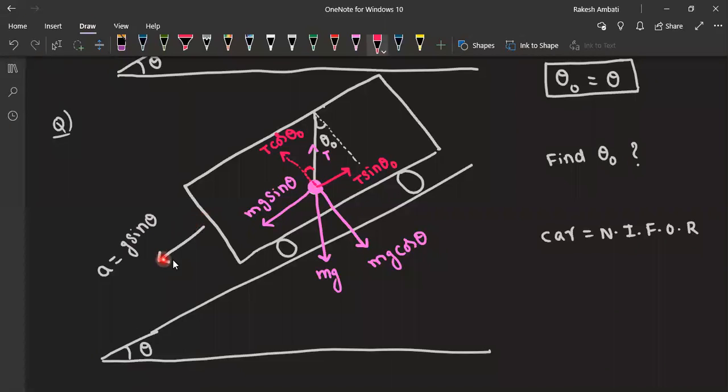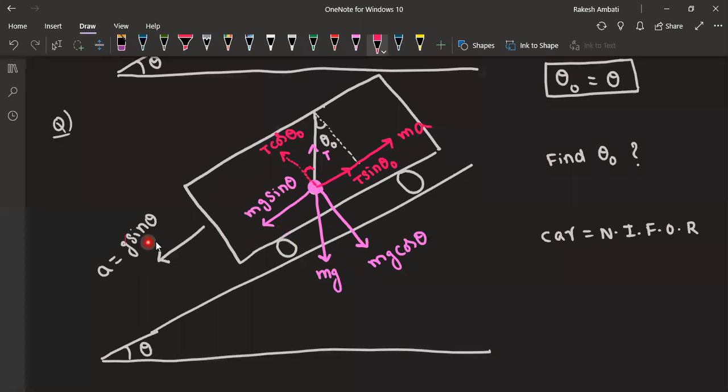The non-inertial frame is accelerating down the inclined plane, so the pseudo force will be in the opposite direction. To find the pseudo force, it is MA, and the A value is already given as g sin theta.